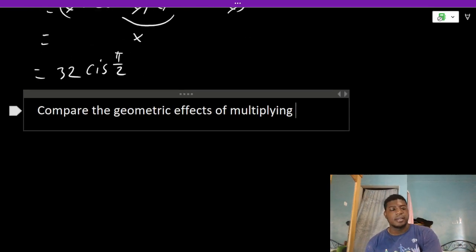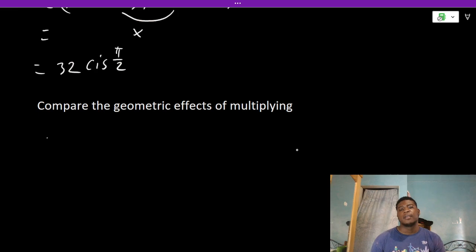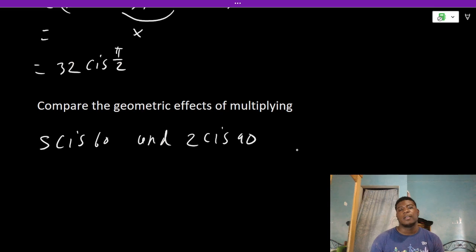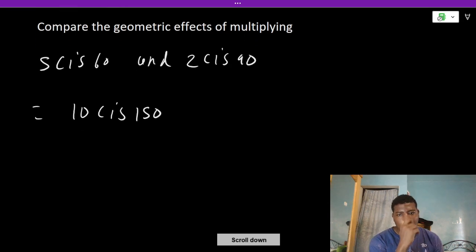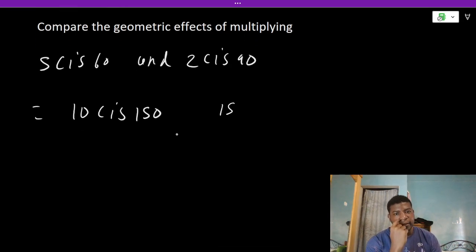I'm multiplying 5 cis 60 and 2 cis 90. You just multiply the two moduli, so that is 10 cis, and you add the two angles, 60 plus 90 is 150. 150 is less than 180, so it's good.